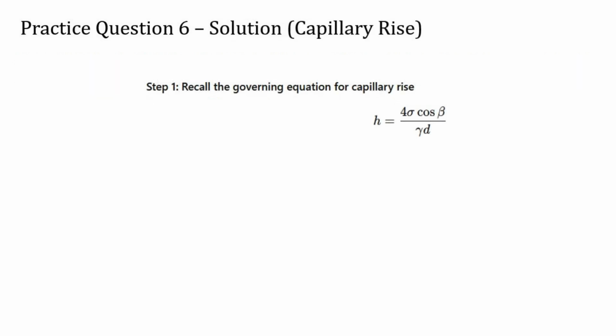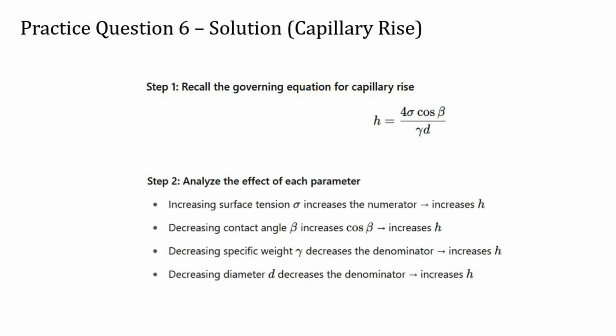We begin by identifying the underlying equation that governs the physical behavior. The height to which a fluid rises in a capillary tube depends on a balance between surface forces and gravitational forces. This height is expressed in terms of 4 variables: surface tension, contact angle, specific weight, and the diameter of the capillary tube. We can then analyze how each variable affects the height.